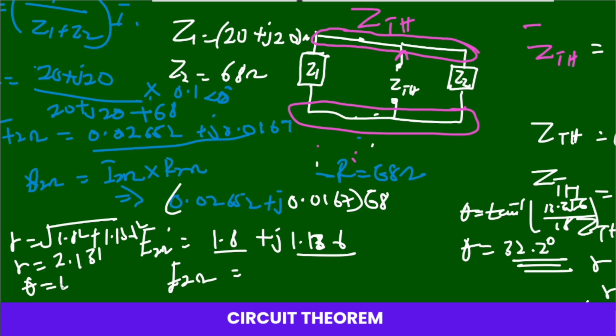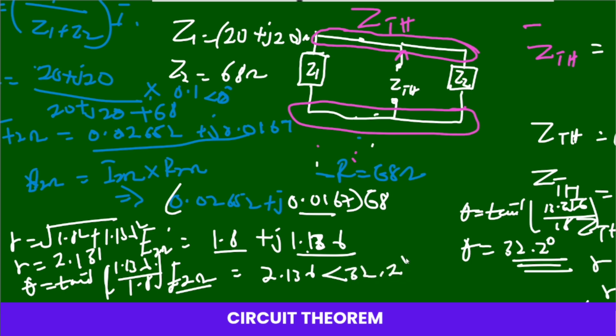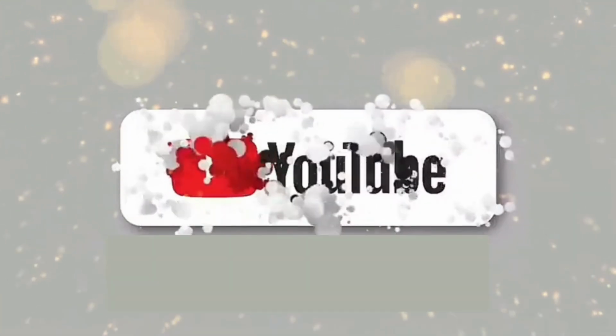And the value of theta is always given by tan inverse of the opposite, which is the imaginary part, divided by the real part: 1.136 divided by 1.8. That will give us the E in the 2 ohm to be equal to 2.131 angle 32.2 degrees. Thank you very much.